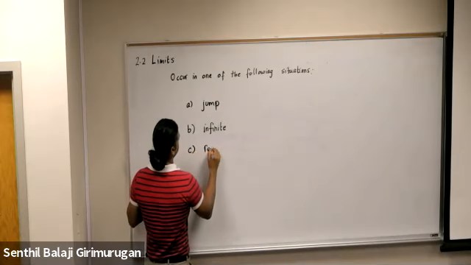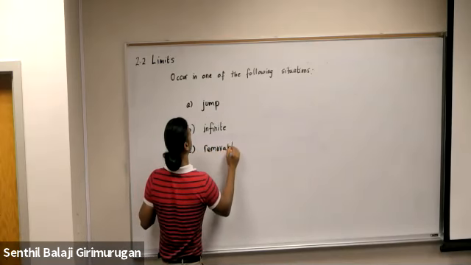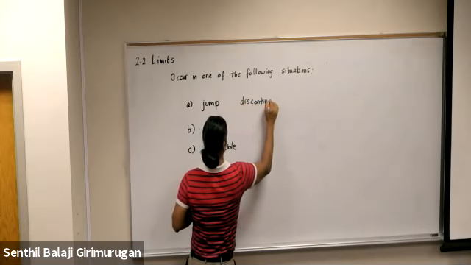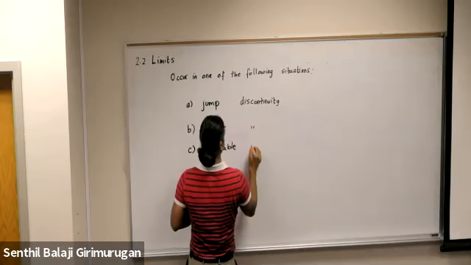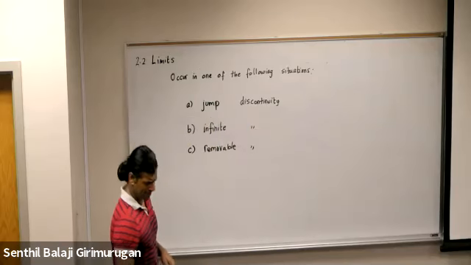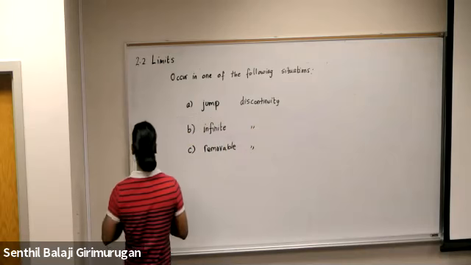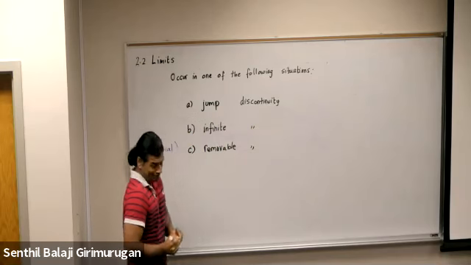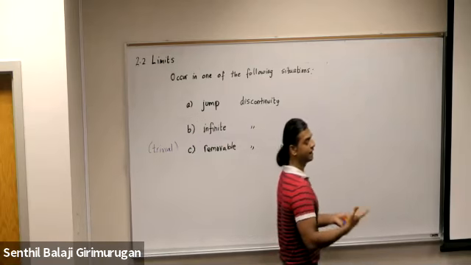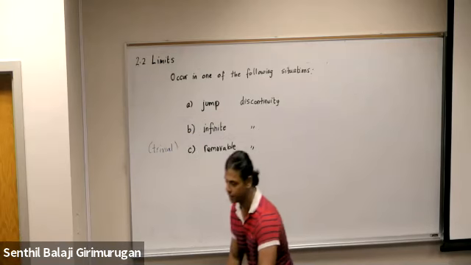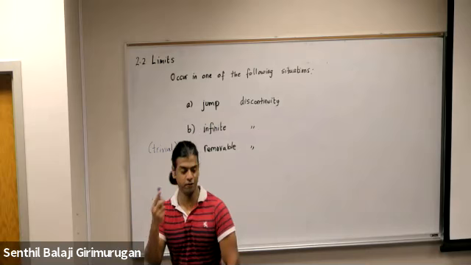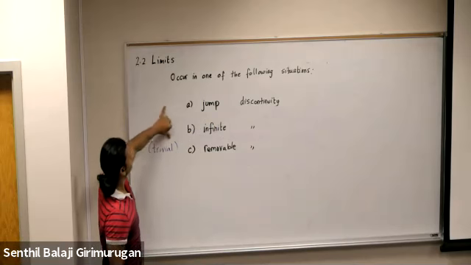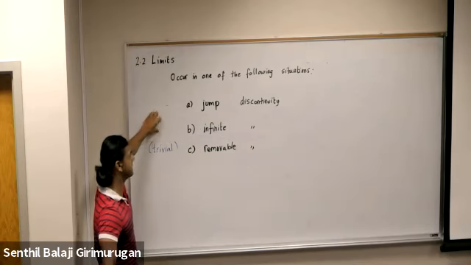The last case is what we call a removable discontinuity. In the sense that if you define the function in a different way, you can get rid of the discontinuity, which is why we call it removable. You can remove it, so it doesn't matter that much, but those two we need to consider.